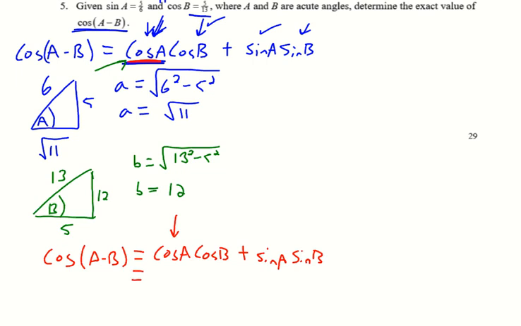So cos A, cos is adjacent over hypotenuse, right? So that's going to be root 11 over 6. Cos B, looking at angle B here now, is 5 over 13.